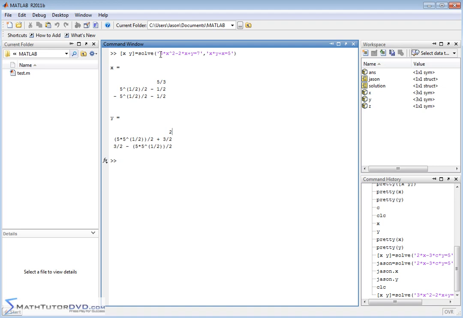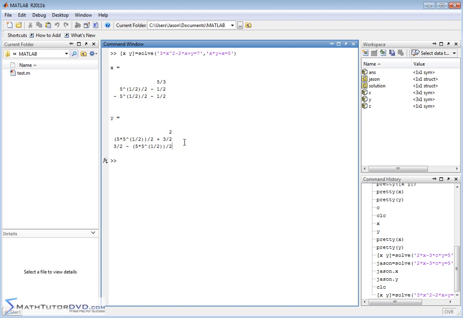Usually when you have a system of equations, you have one value of x, one value of y, one value of z, and so forth. But because we have x's and y's cross-multiplied together here, one pair of answers would be 5/3 for x and 2 for y. Another pair of answers would be this value and this value for y. And another pair of answers would be this for x and this for y.